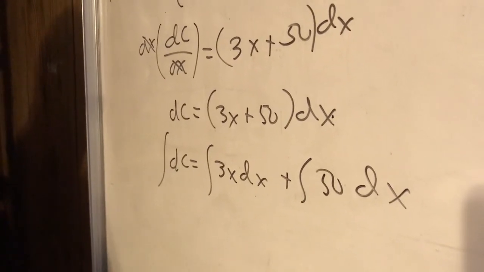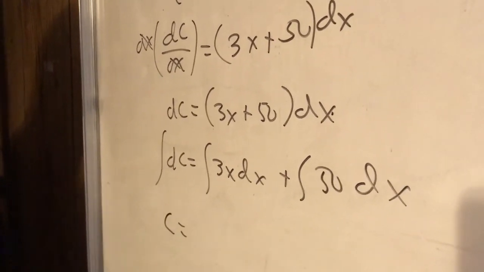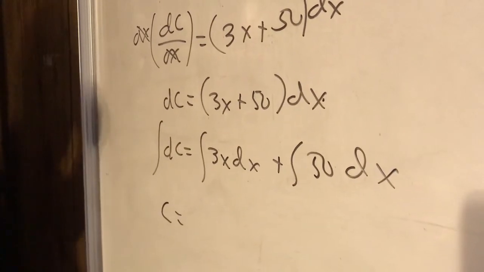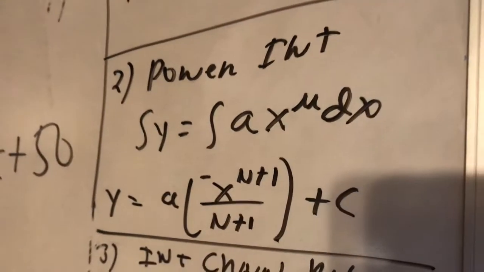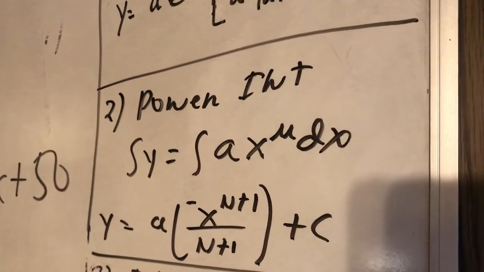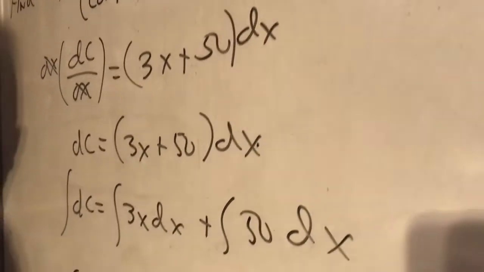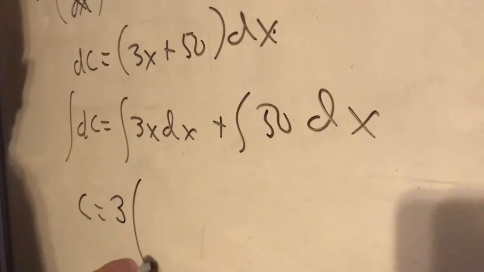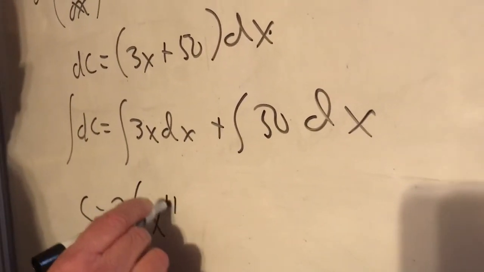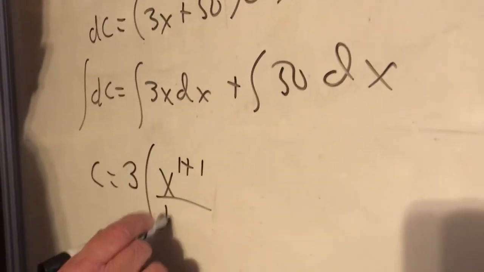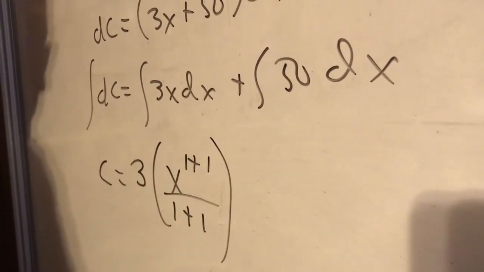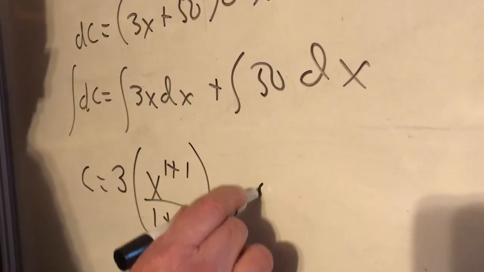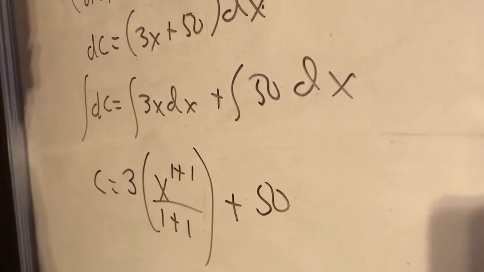So this becomes C equals, now this is the power rule, that's number 2 over there. I'm given ax, and I have to use the power rule on each term. A is 3. This is x to the 1 plus 1. Plus A is 50. And what happens with the dx?